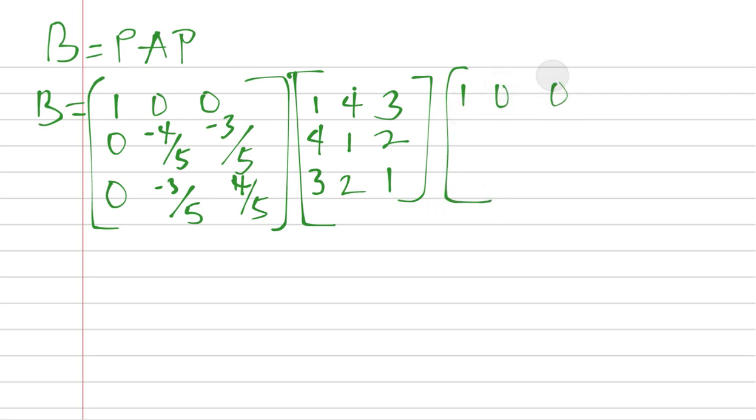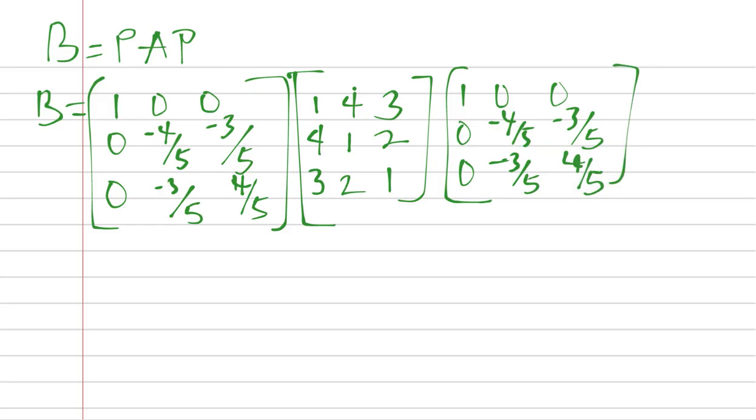Then multiply by your P again, which is 1 0 0, 0 minus 4 over 5 minus 3 over 5, 0 minus 3 over 5 4 over 5. Now this is where you apply matrix multiplication.